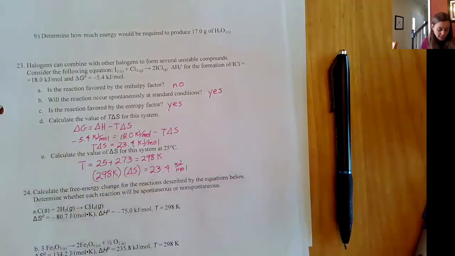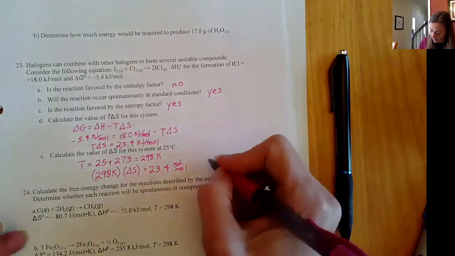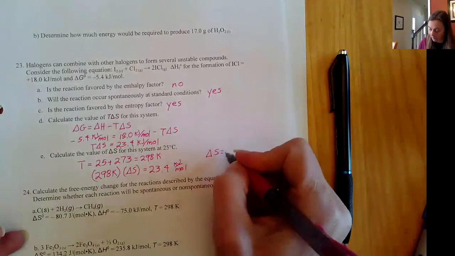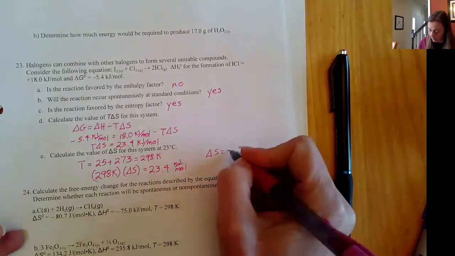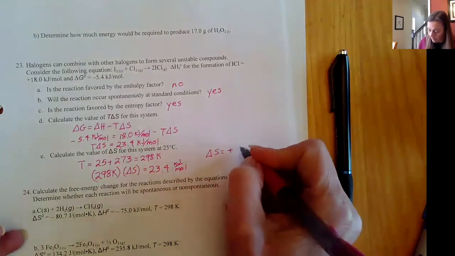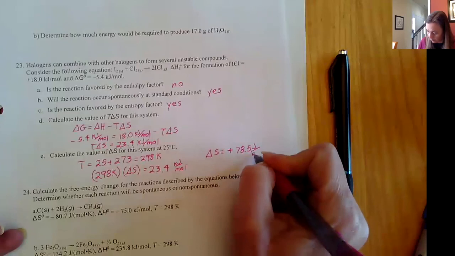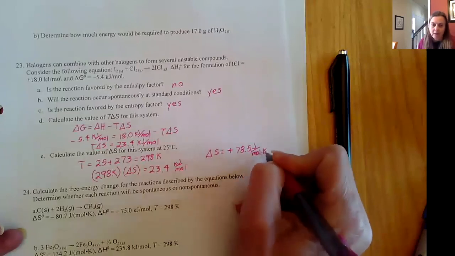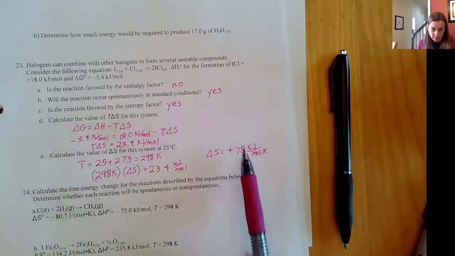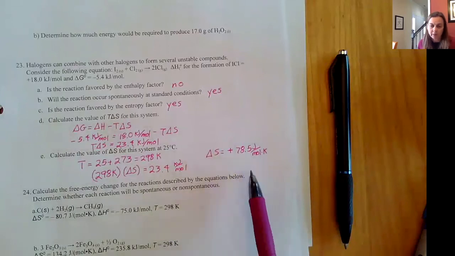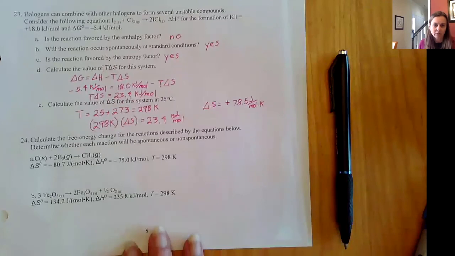We'll pull out a calculator again, 23.4 divided by 298. Then we have delta S is equal to positive 78.5 joules per mole Kelvin. If you get 0.0785 kilojoules per mole Kelvin, that's totally fine. I just converted to joules so that I didn't have to deal with all those zeros.